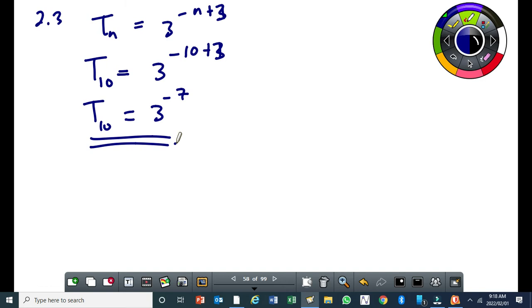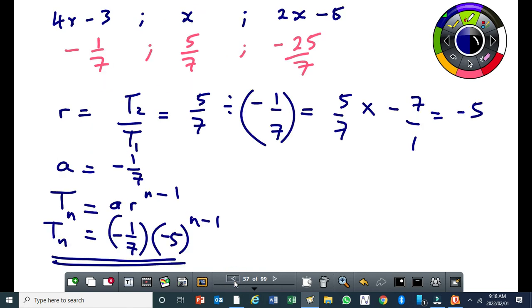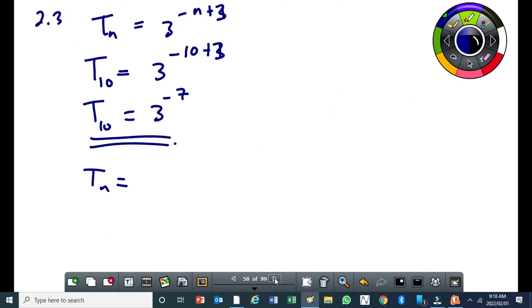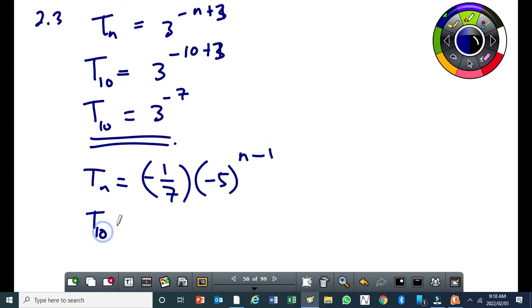So that's for the first one. The second one is Tn equal to minus 1 over 7 times minus 5 to the power of n minus 1. So we want T10, the 10th term. So that will be minus 1 over 7 times minus 5, and we put 10 there.